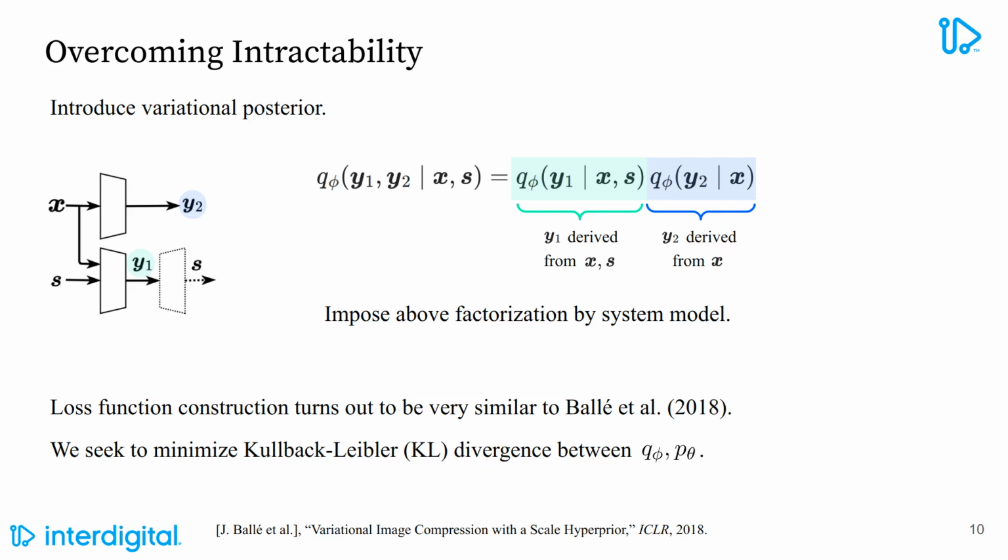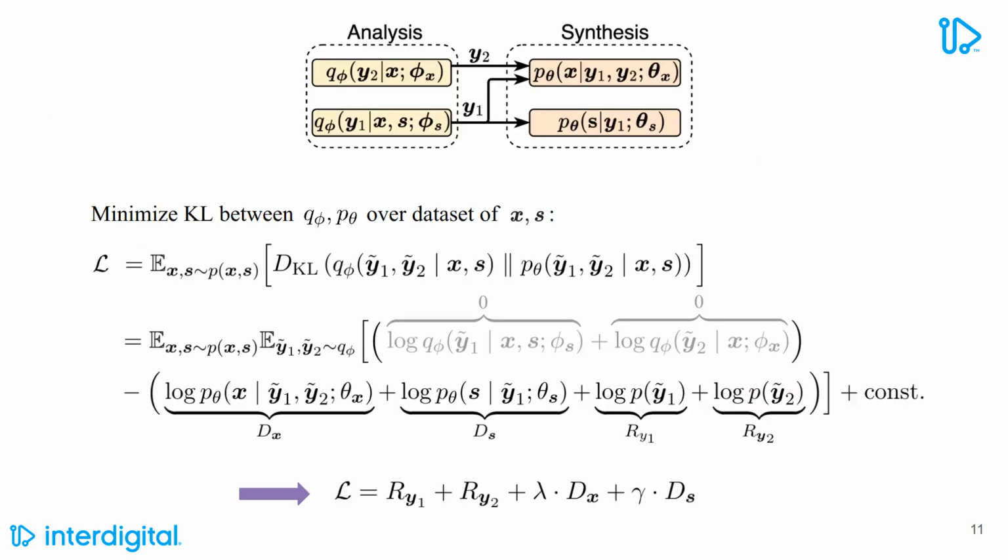In order to compute the loss function, we may simply minimize the Kullback-Leibler divergence between q and p in a manner similar to Ballé et al. We seek to minimize the value of the KL divergence between q and p. We may take the average or expectation of this quantity over the dataset for x and s and set this to be our loss function.